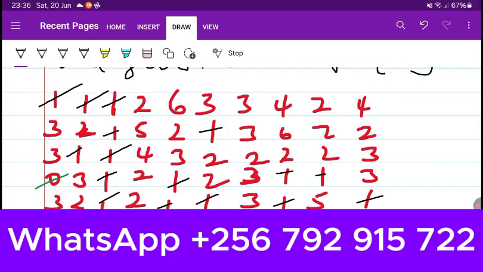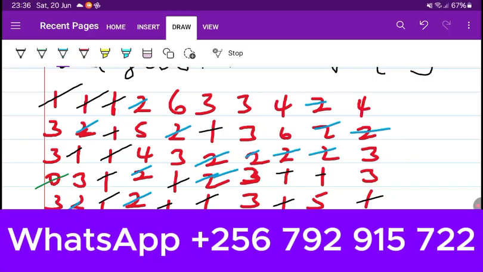If we go to 2, how many 2s are we having? This is 1, this is 2, 3, 4, 5, 6, 7, 8, 9, 10, 11, 12, 13, 14. The 2s that we have here, they are 14.